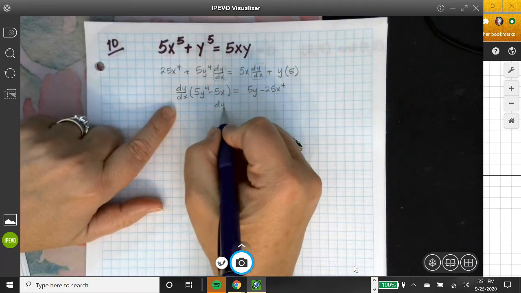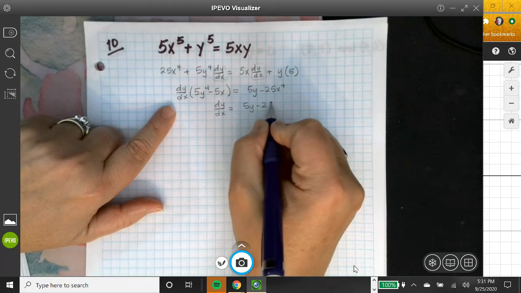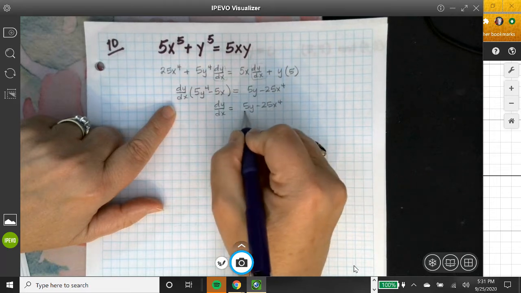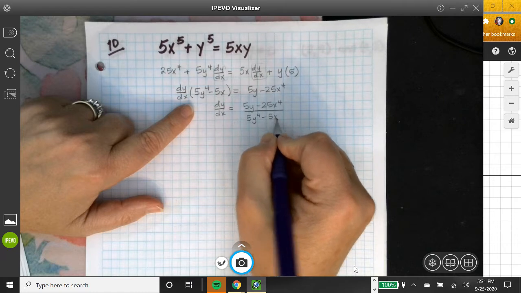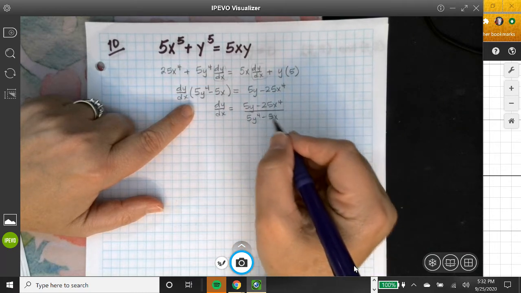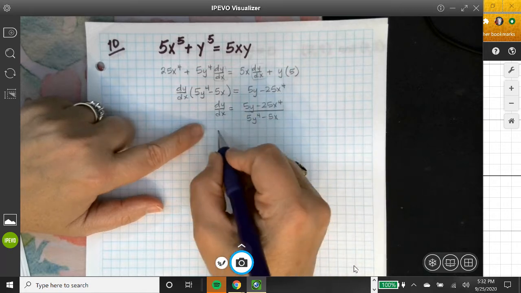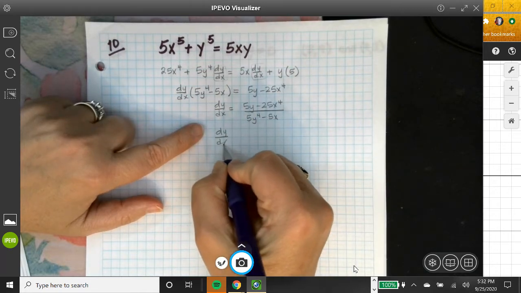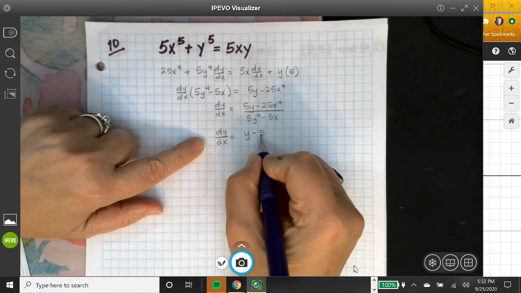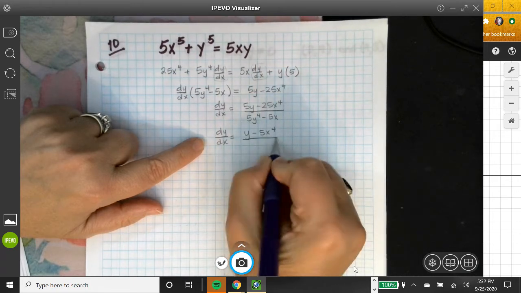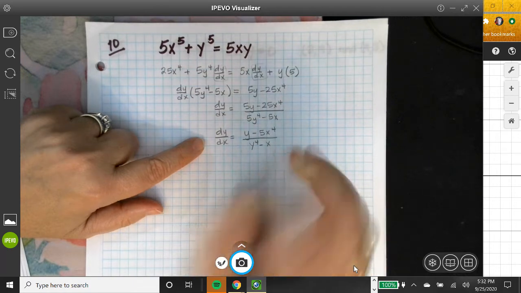And I can say dy/dx is equal to 5y minus 25x to the fourth divided by 5y to the fourth minus 5x. Now I can reduce all of this by 5. So dy/dx is equal to y minus 5x to the fourth divided by y to the fourth minus x.